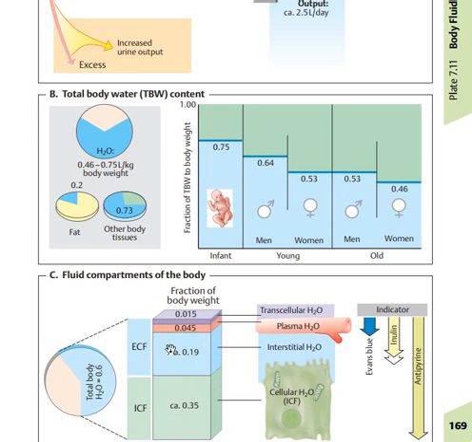So now extracellular fluid is divided into two main parts. We have the blood vessels and we have the interstitial fluid. Interstitial fluid can comprise the transcellular fluid here.